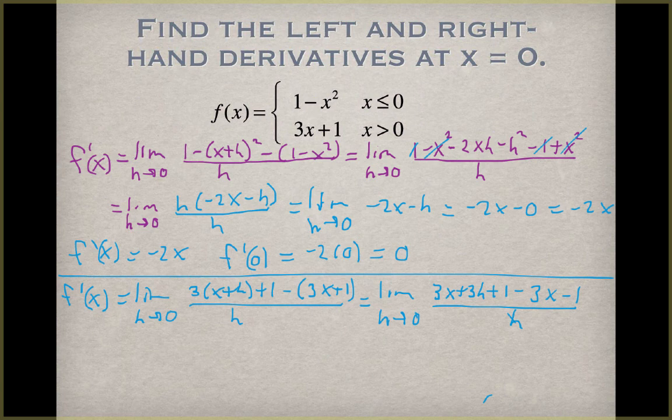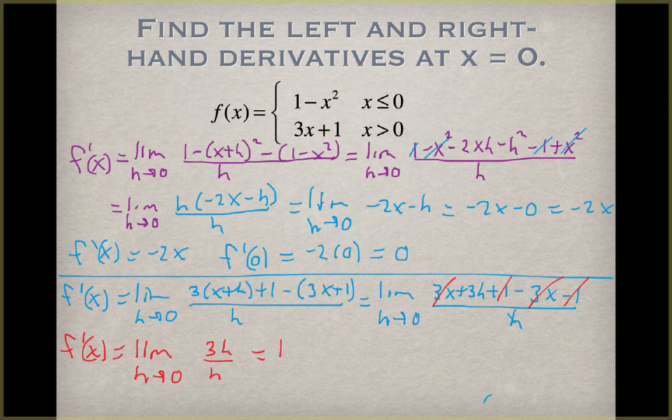And then we can simplify some things out. We can cancel out the 3x and negative 3x, the 1 and the negative 1, and we get f prime of x equals the limit as h approaches 0 of 3h over h.